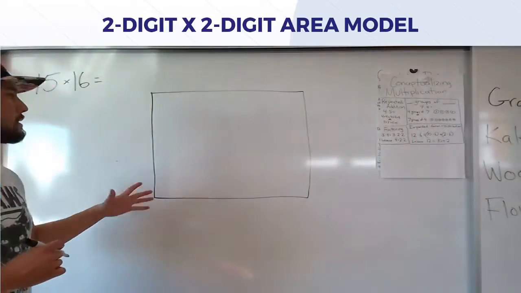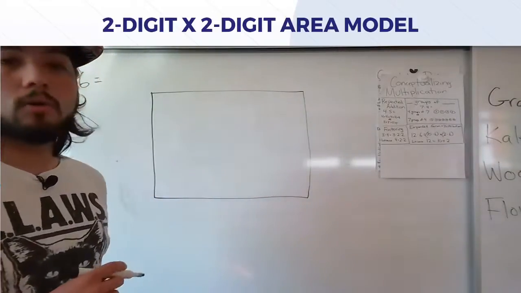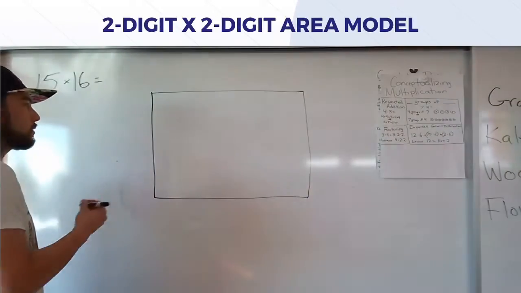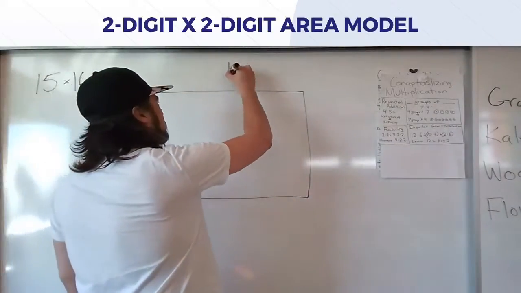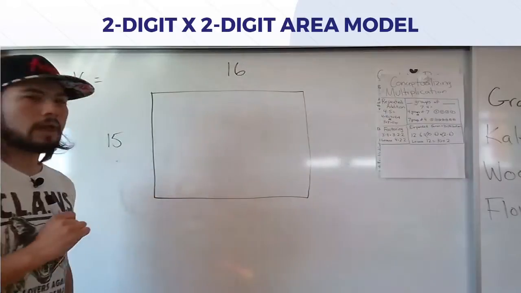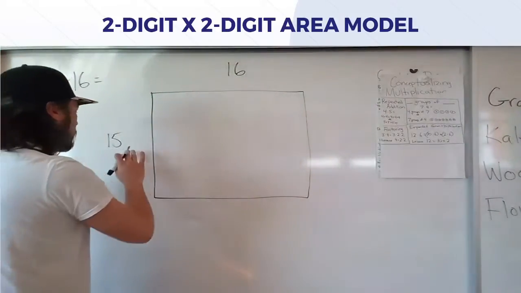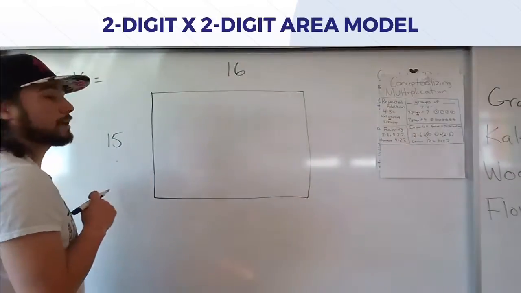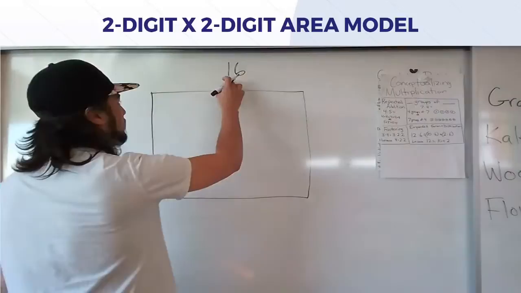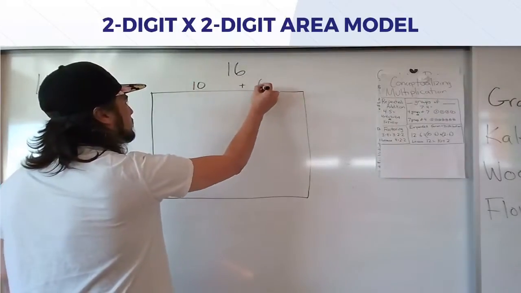In any case, by multiplying our length times our width, we're going to know the area in the middle. So we can safely say this is 15 by 16. And remember, what's going to help us is to break our length and our width up into smaller, more manageable chunks by using our place value, being able to say our 16 is going to be equal to 10 plus 6.